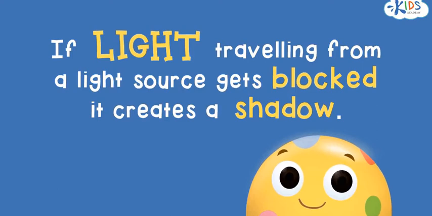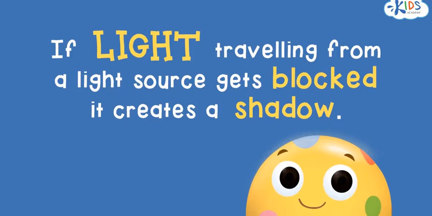Excellent. With no light, can we see anything? Nope, we can see nothing. If you are sitting in a dark room, can we see things? No, because with no light, we can see nothing again. If there is no light, can we get a shadow? No, because no light means no shadow.